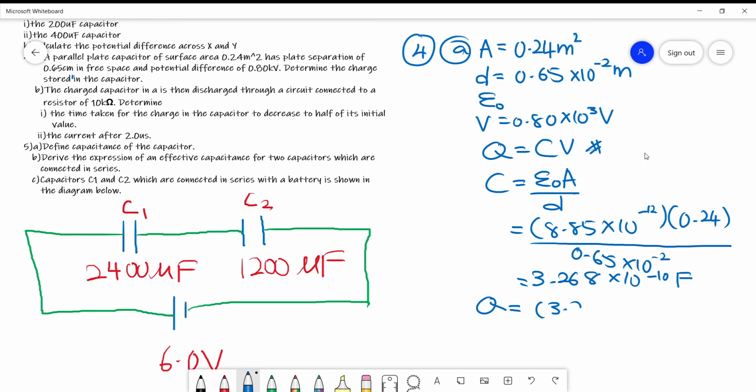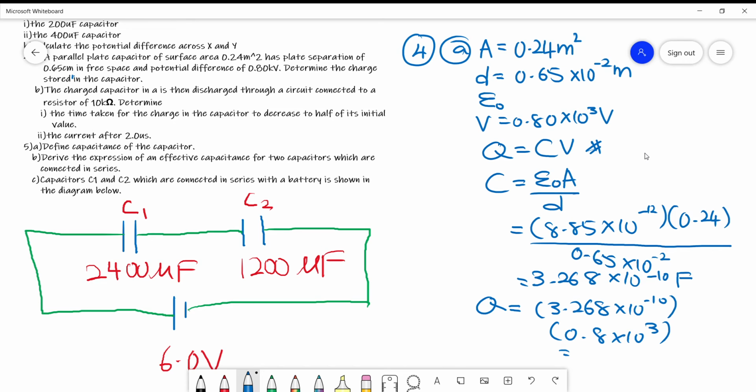So 3.268 times 10 to the power negative 10 times the potential difference, which is 0.8 times 10 to the power of 3.